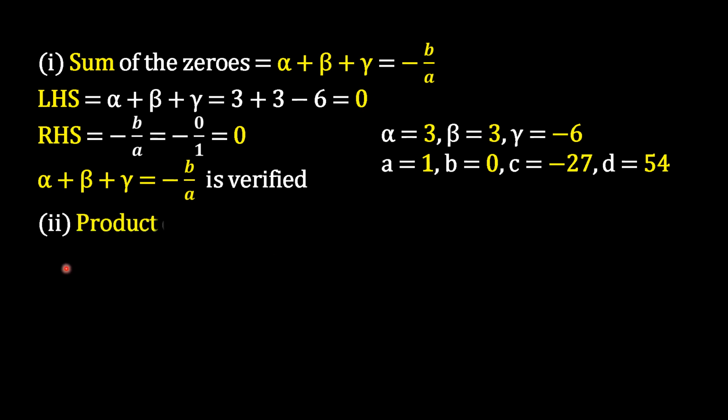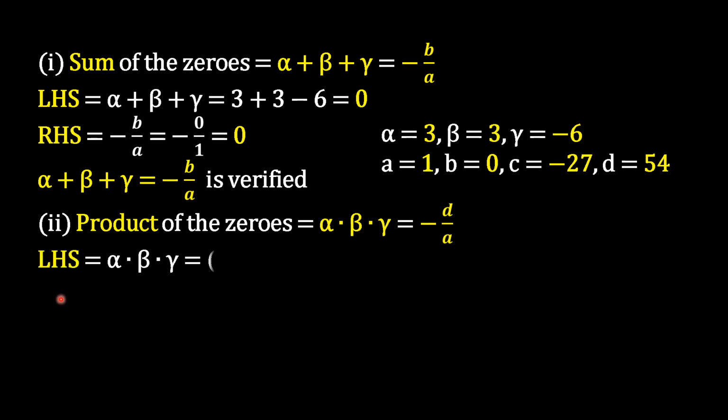Number 2. Product of the zeros, alpha beta gamma, equals minus d upon a. We write the LHS alpha into beta into gamma, where alpha is 3, beta is 3, and gamma is minus 6, which will be minus 54.